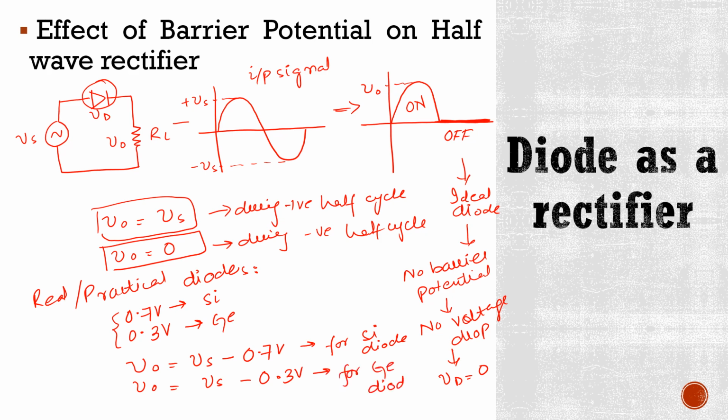It means we have some voltage drop when this diode is real or practical, and this voltage drop will affect the output voltage.